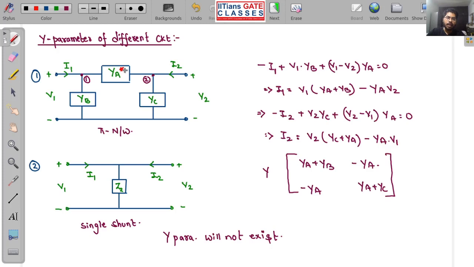So star mark, whenever they are written in terms of admittance in the pi network, at that time my Y matrix will be this. If it was written in terms of impedance, if this was ZA, ZB, ZC, then you would have to take an inverse to make it admittance. At that time this equation will not hold. So remember this thing.